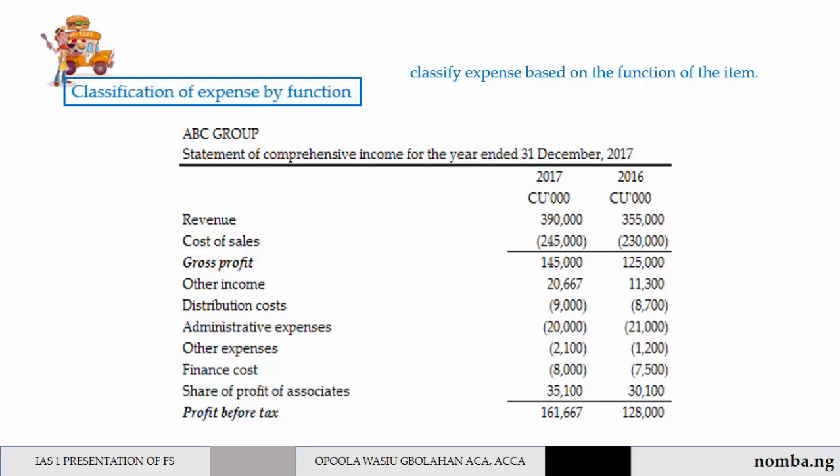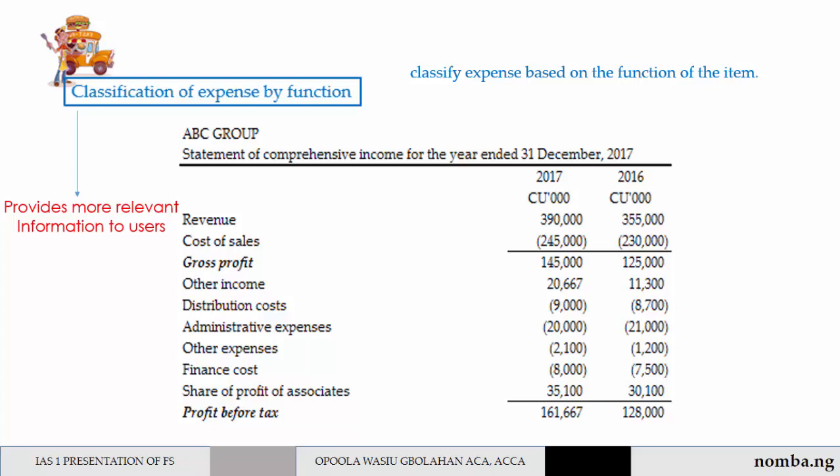This classification by function can provide more relevant information to users than the classification of expense by nature. But allocating cost to function, like allocating cost to either cost of sales, admin, and distribution cost, may require arbitrary allocation and involve considerable judgment.